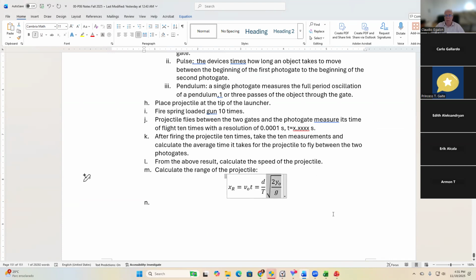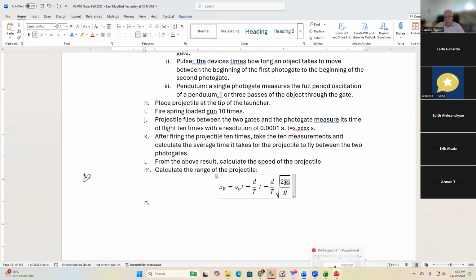I want to emphasize that there is an important difference between this big T and this small t.